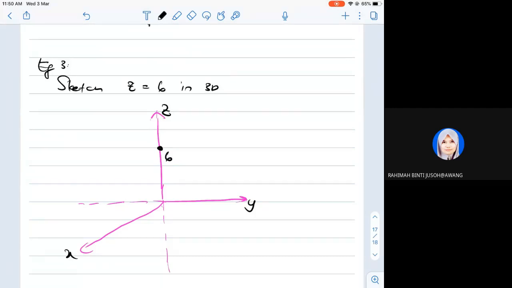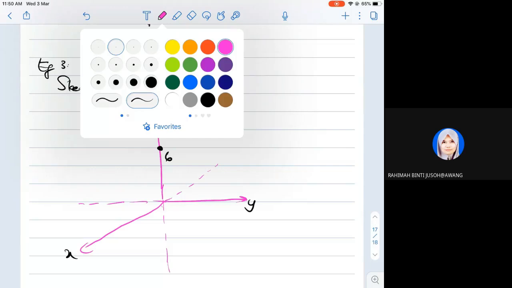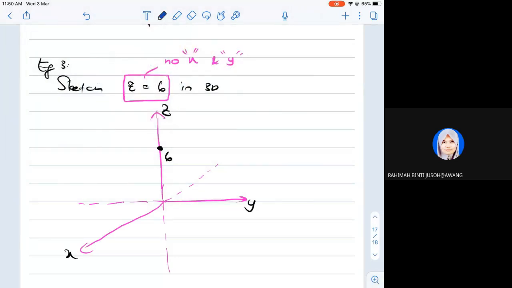Okay, now kita buat tulang dia. In this equation, there is no X and Y. So dia mestilah parallel sepanjang paksi X dengan Y. Dia parallel along Y axis.